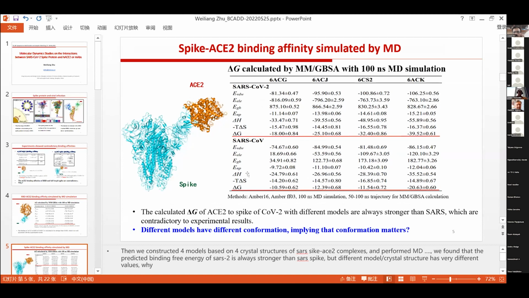Non-polar interaction, ENP, this is just a decomposition from the result. It's directly from the MD simulation. Yes, how physically do you calculate it? We use the MMGBSA protocol. Yes. Thank you.